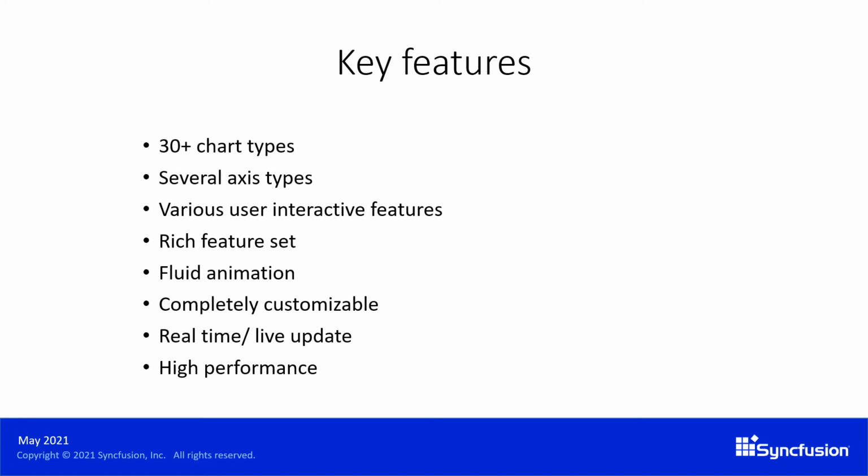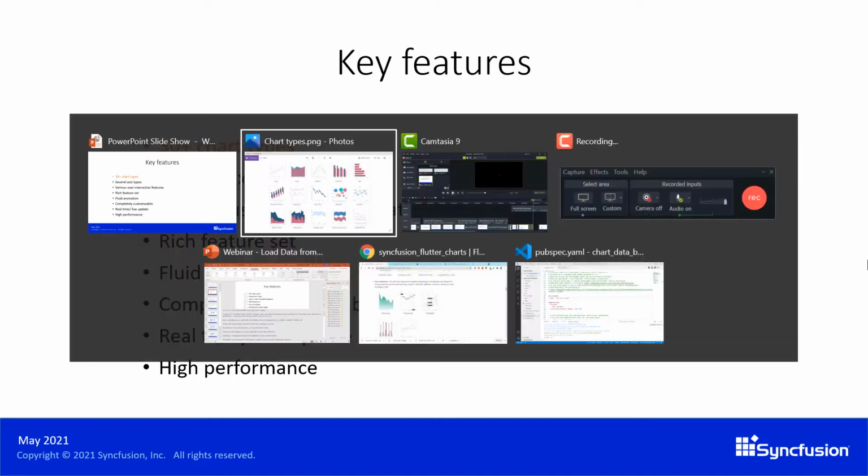And these are the key features of Syncfusion Flutter Charts. It provides 30 plus chart types ranging from popular chart types like line, bar, area and pie chart to financial charts like candle, OHLC, etc. You can see all the available chart types in this image.